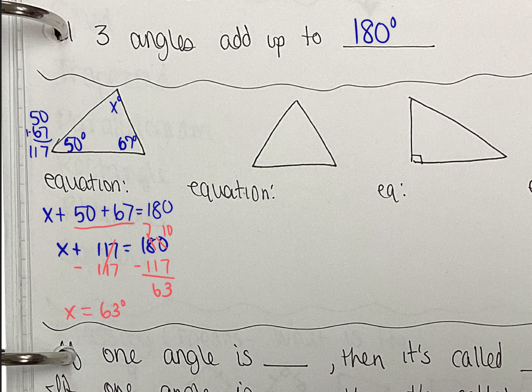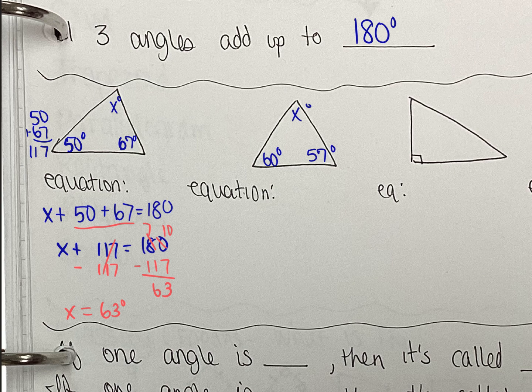Okay, let's go to the next question. The next one says 60 degrees and 57 degrees. Find x. X does not always have to be on the top. It could be literally any of them.